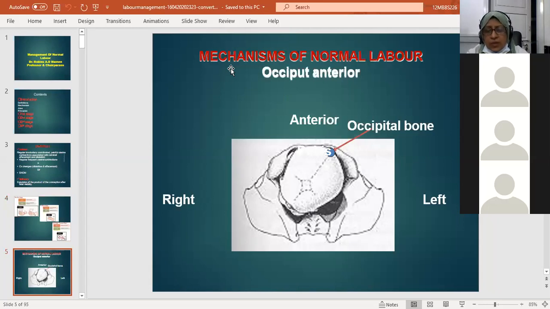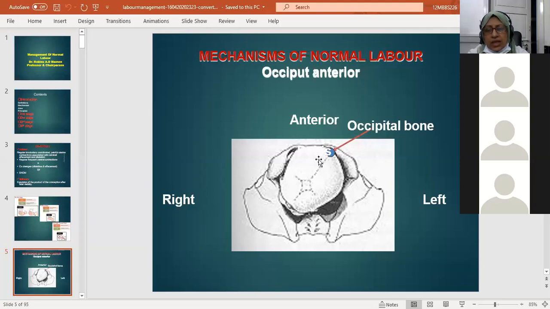Now it's very important. This picture shows you the pelvis with a cephalic presentation in an occipital anterior position. You can see this is the occiput, and this is the sinciput, because the anterior fontanelle faces the pubic symphysis and the occiput is just behind the pubic symphysis, so we call it occipital anterior.